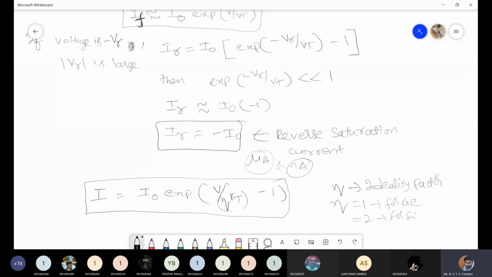So I have made the derivation as simple as possible. If you want to see an enlarged derivation, including all the current components, your drift current and diffusion currents, you can check it in your EDC textbook, Millman's and Hawkins.